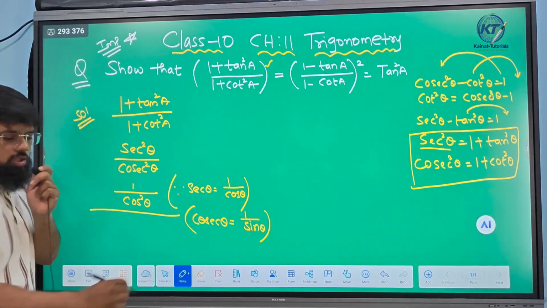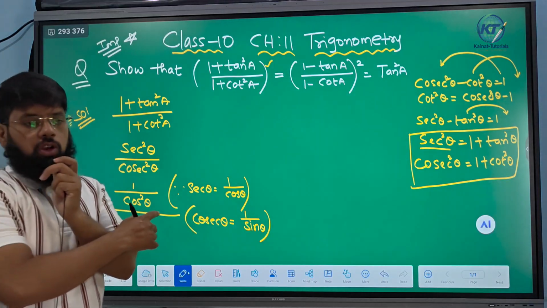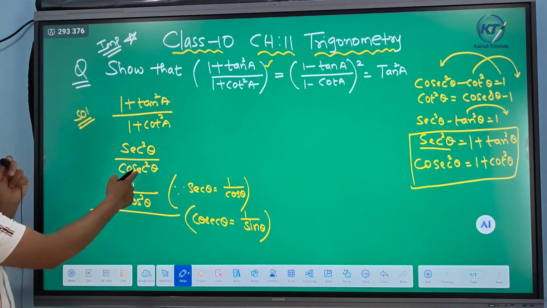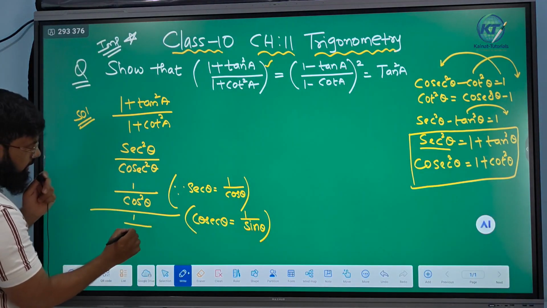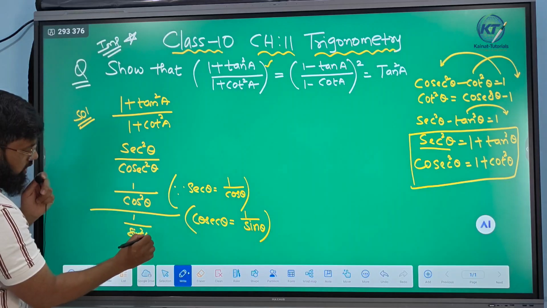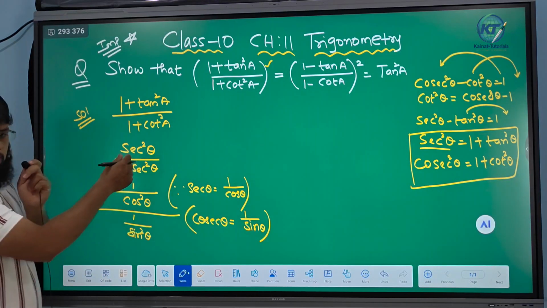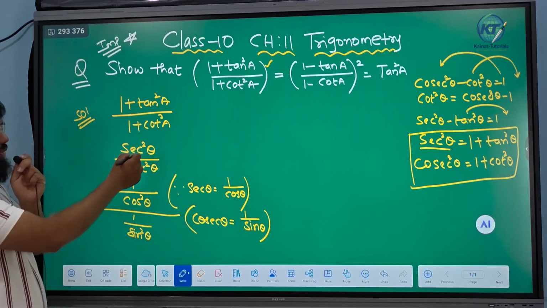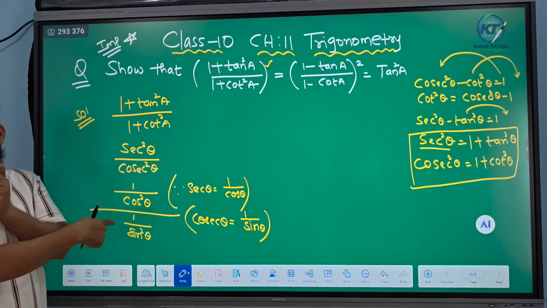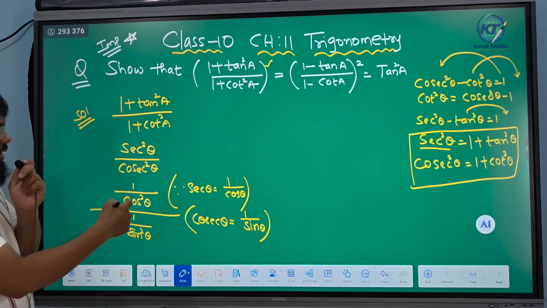This is also a reciprocal formula of trigonometric ratios. So in the place of cosecant square theta, I will write 1 by sin square theta. Why am I writing square here? Because in the above step we are having square, so you need to write the reciprocal in square form too. Am I clear?